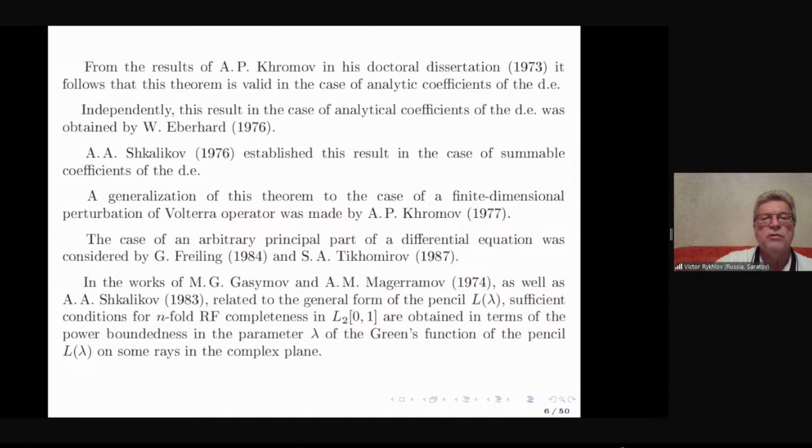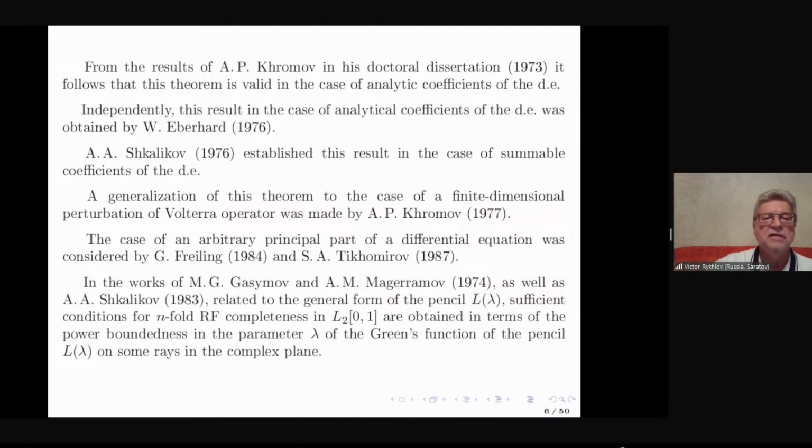From the result of Khromov in the doctoral dissertation in 1973, it follows that this theorem is valid in the case of analytic coefficients of the differential expression. Independently, this result in the case of analytic coefficients of the differential expression was obtained by Eberhard in 1976.